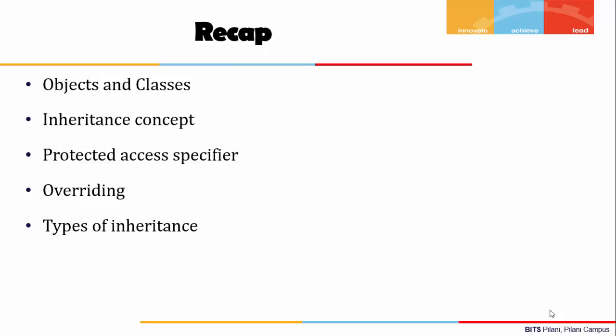Thus, it protects the data members and functions from external access. We also saw that the same method can be overridden during inheritance, which means that the same function called from the base class and derived class will show the modified implementation in the derived class. And we had discussed the different types and levels of inheritance.